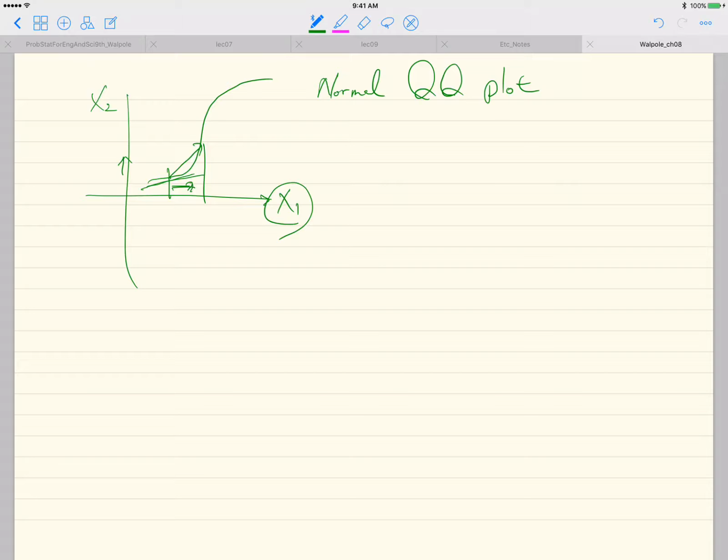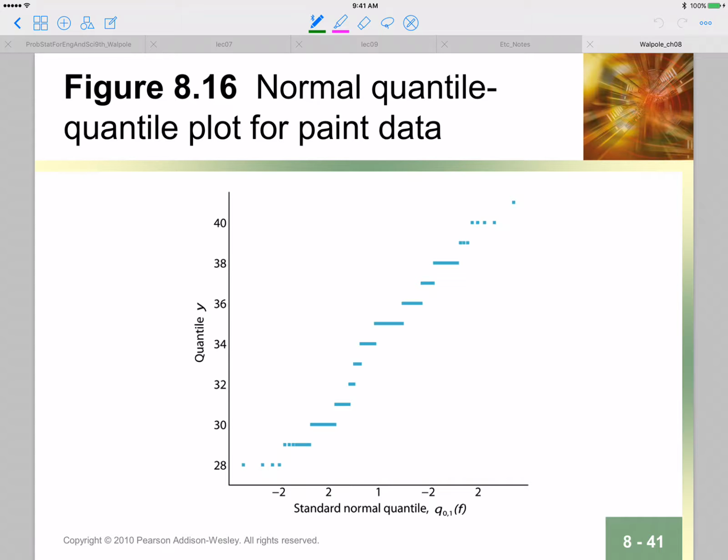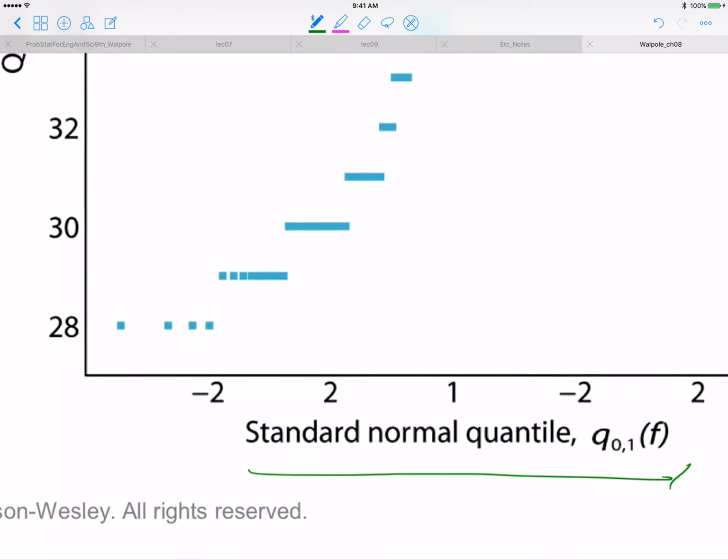We still consider two different random variables that have their own probability density functions, but here the first one is fixed as a standard normal random variable. That is the meaning of this normal quantile plot. Let's look at the x-axis, and the name is standard normal quantile.